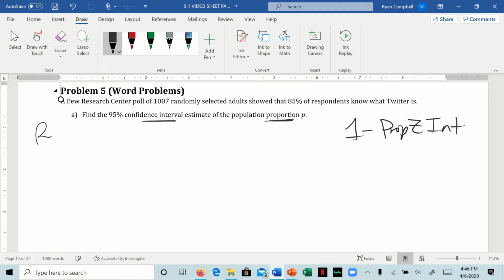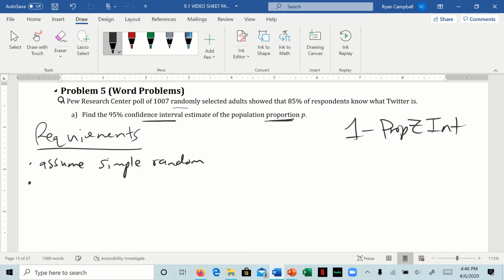But before we do that, remember we always have to do the requirements. It doesn't tell us how they got it. It just says randomly, so we can assume simple random. Are there two outcomes? Yeah. They either know what Twitter is or they don't.